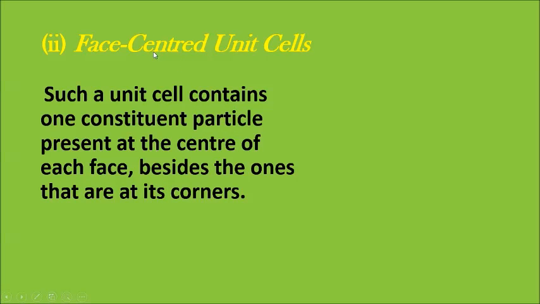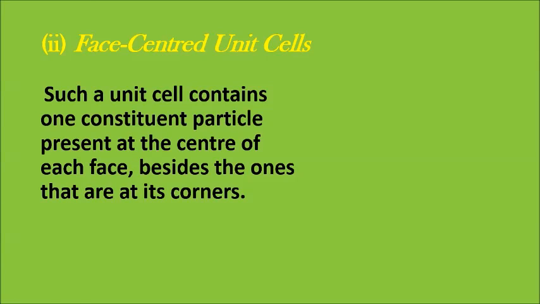The next one is the face centered unit cell. We can give the short form for this one, FCC. From the name we should know that the cube has faces. So along with the 8 corners, if particles are present at all the faces, then we can name it as a face centered unit cell.